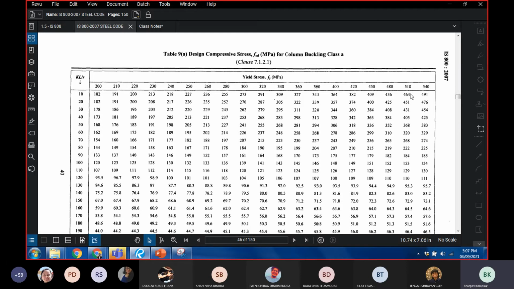It's obvious, right? Do you understand what I'm trying to say? No? Okay, let's do it one more time. For a particular value of slenderness ratio, the value of FCD increases: this is 182, this is 191, 200, as the value of Fy increases. A material of higher yield strength can surely take a larger amount of stress. So if KL by R remains the same, the material with a higher yield stress will have a higher value of FCD.